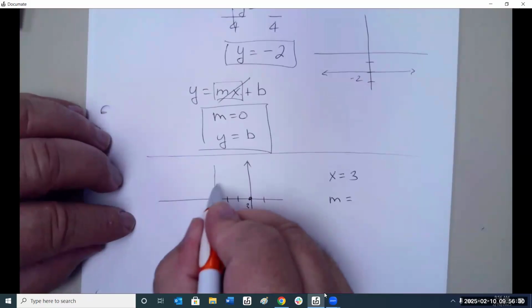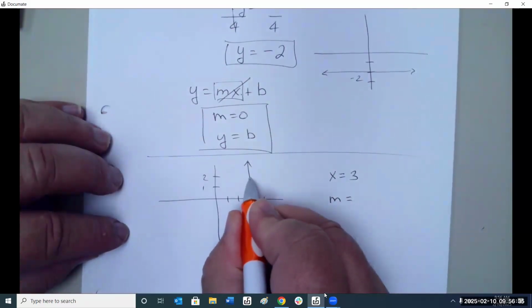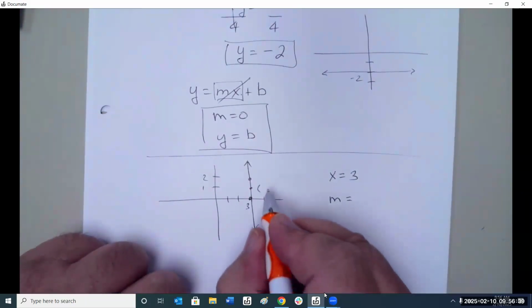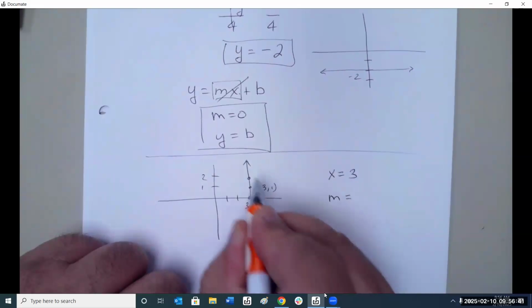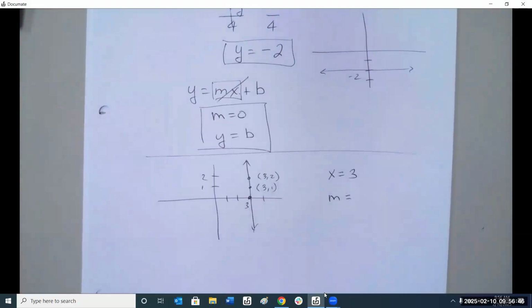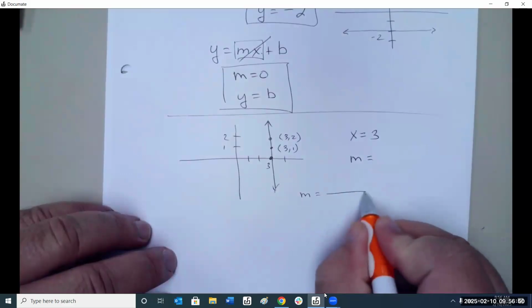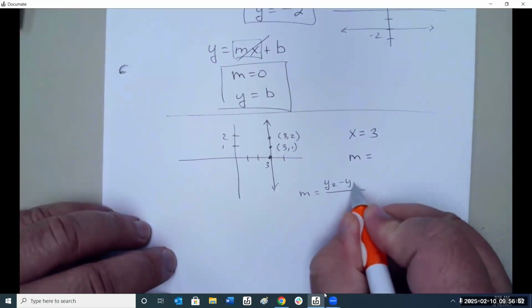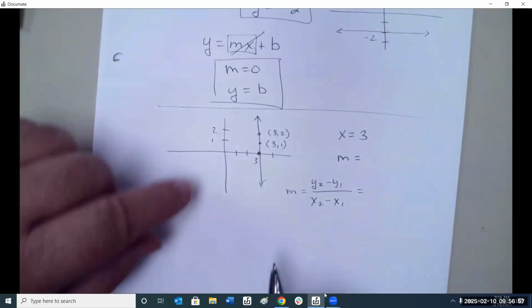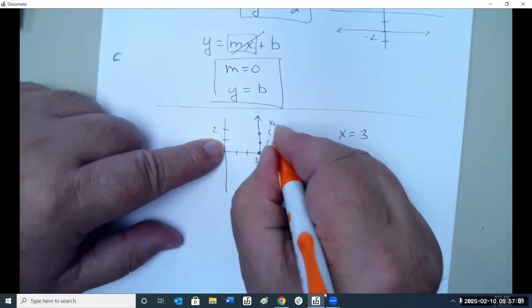Well, you're both correct, actually. Let's look at these 2 points. What's the location of this point? No, 3, 1. What's the location of this point? So if it's a vertical line, remember the formula for the slope is y2 minus y1 over x2 minus x1. So this is x1, y1, this is x2, y2.